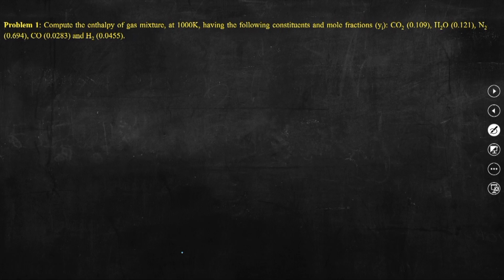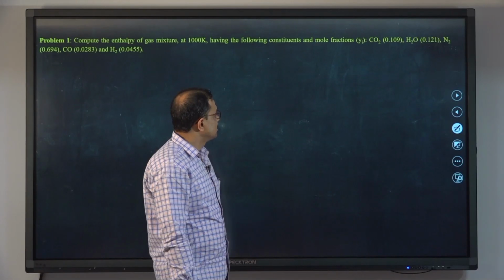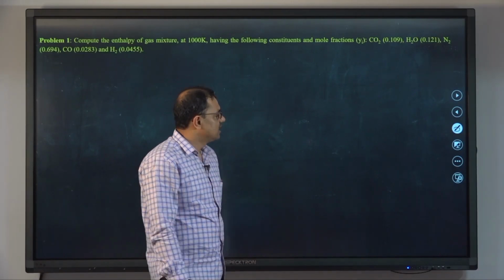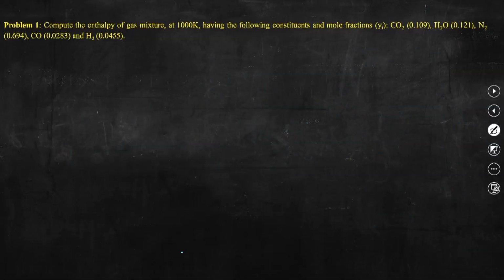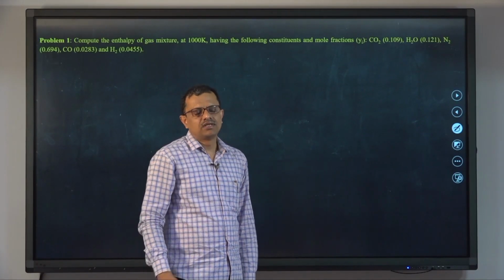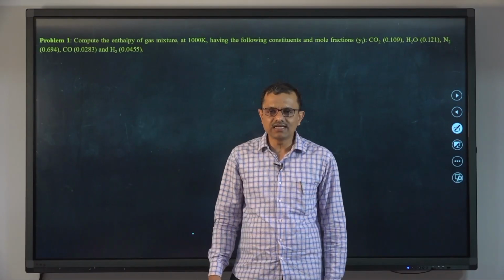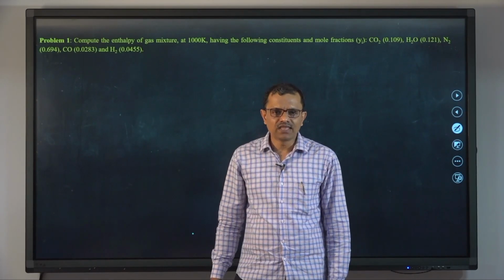So, in the exhaust gas mixture or gas stream, there are CO2, H2O, N2, CO and H2. So, the constituent components are carbon dioxide, H2O, that is certainly moisture content, but it would be in the superheated state, then N2, then carbon monoxide and hydrogen.